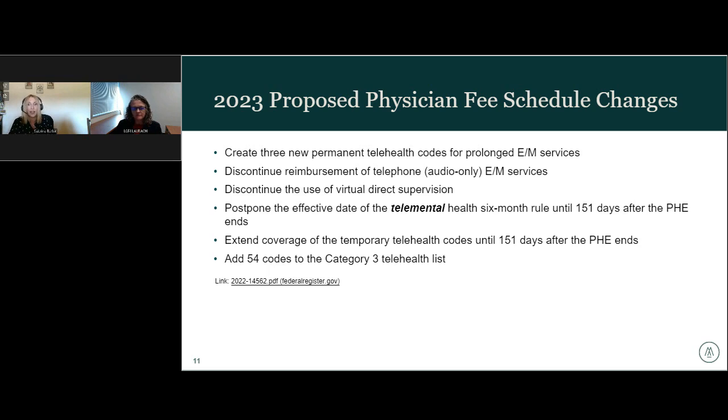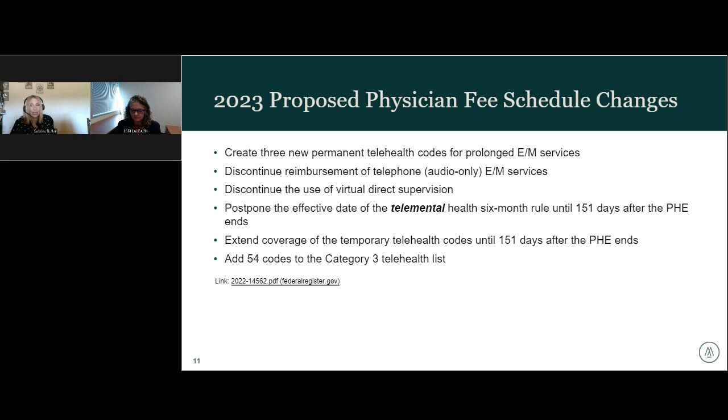And while they're legislating and making recommendations to us, we are seeing discontinuation of things like virtual supervision. We have seen virtual supervision used in various ways during the public health emergency, for example, rehabilitation medicine in outpatient facilities with a virtual provider in a separate state.